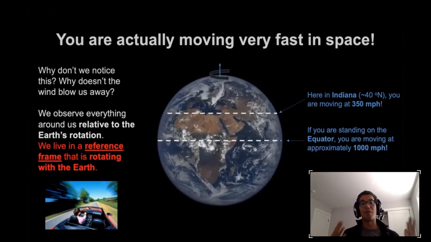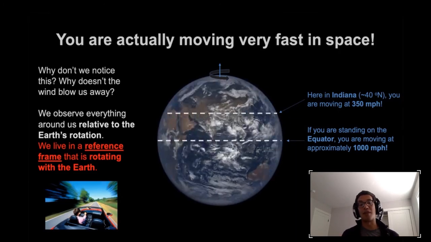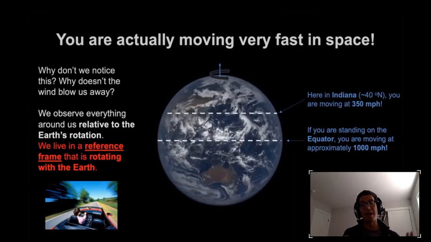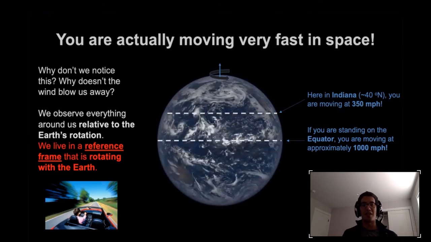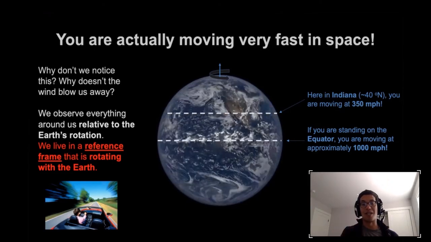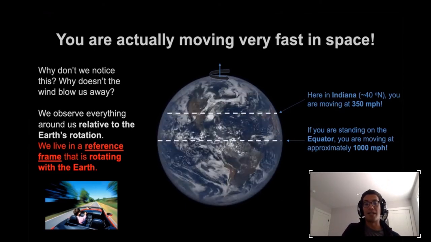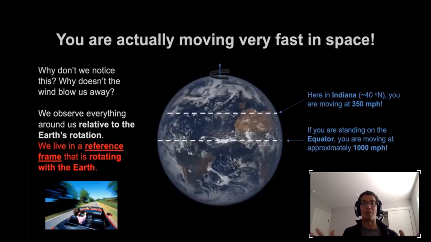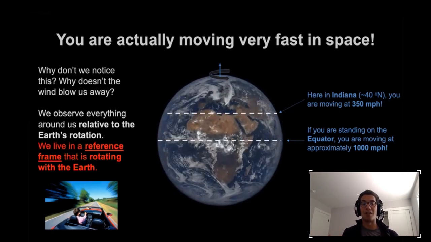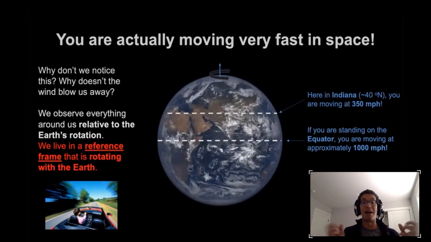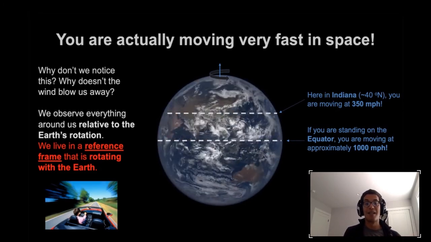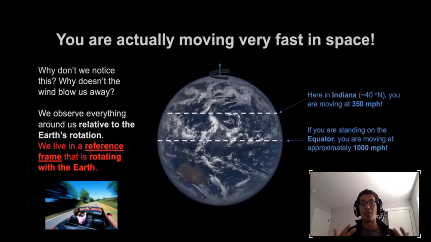So what this means is when we say relative to the Earth's rotation, a way of saying this is that we live in a reference frame that is rotating with the Earth. So what's shown on the screen right now, this Earth spinning, is the reference frame looking from outer space where you're not moving and you're just seeing the Earth spin below you. But we live on the Earth that's rotating. So our reference frame is rotating with the Earth.